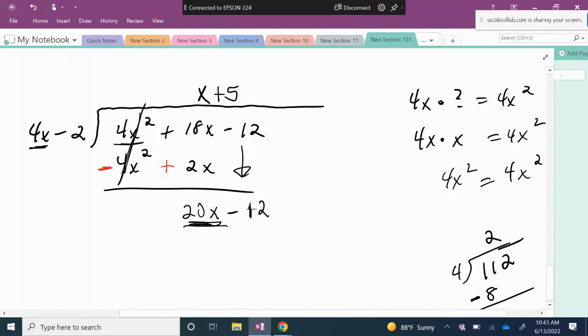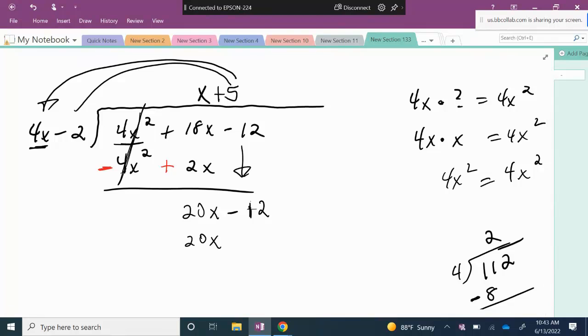We're going to distribute 5. So 5 times 4x is 20x. 5 times negative 2. So remember your rules for signs. A positive times a negative is a negative. So we have negative 10 or minus 10.